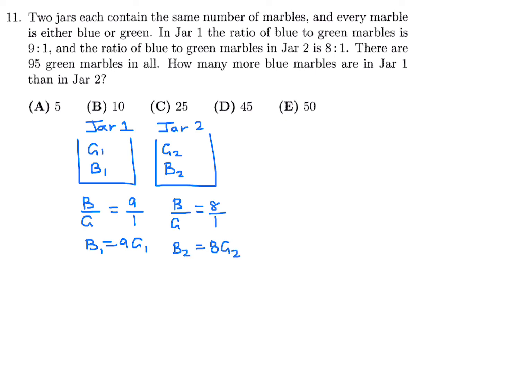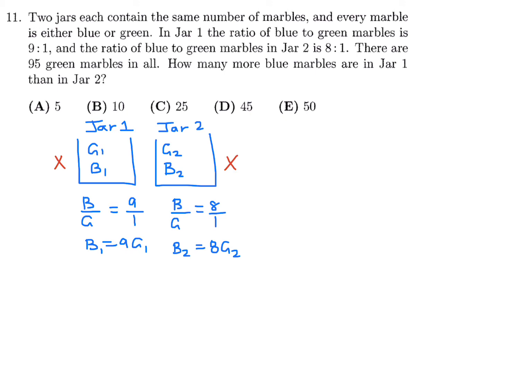Okay, and then what else do we know here? We also know that the same amount is in each jar. I don't know that amount, so I'll call it X. There are X marbles in jar 1 and X marbles in jar 2.